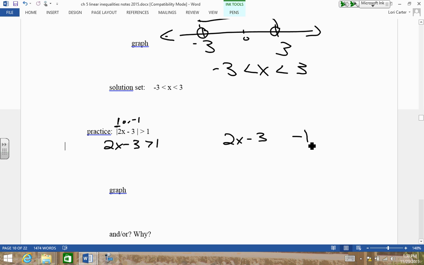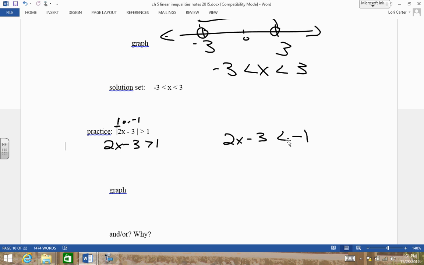But if I change it to a negative 1, I have to flip my inequality. That's all. And it doesn't matter because it's the absolute value that equals that, not the sign itself.